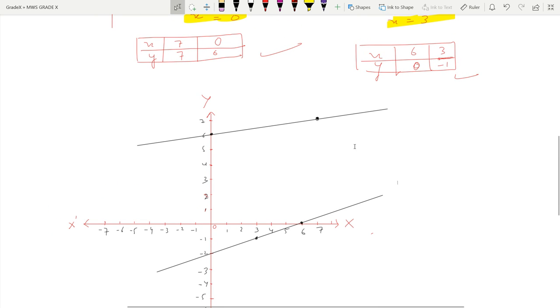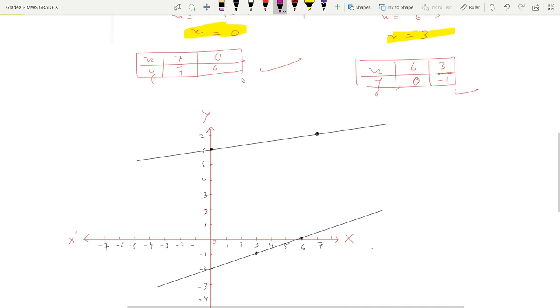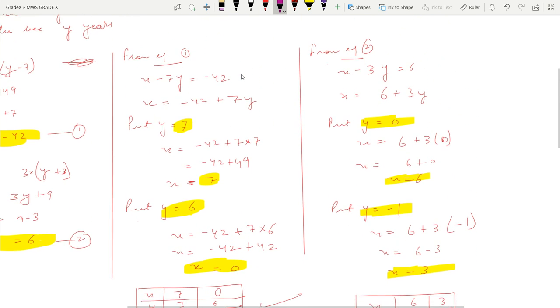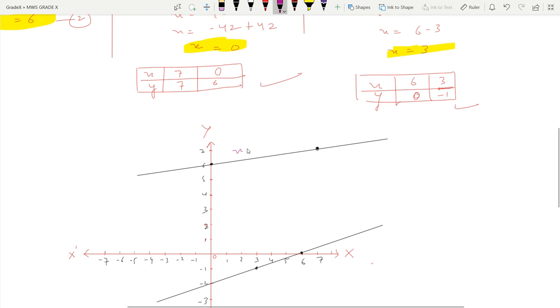Okay, so in this way we have represented both the equations. Just write here that this equation is x - 7y = -42.